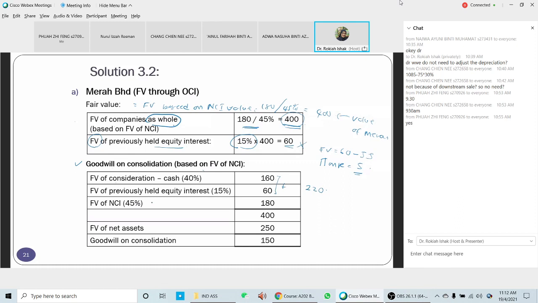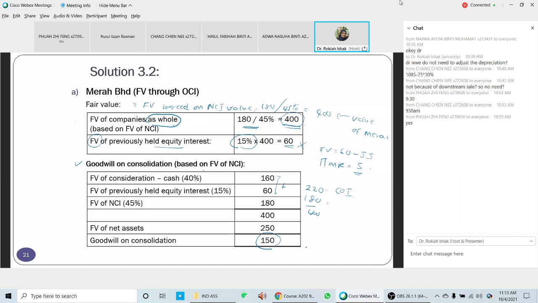So this 220 here is your consideration transferred. Then the NCI here is 180, which is already given. So altogether you're going to have 400. 400 minus net identifiable asset, which is also given, 250. So you're going to have a goodwill of 150.